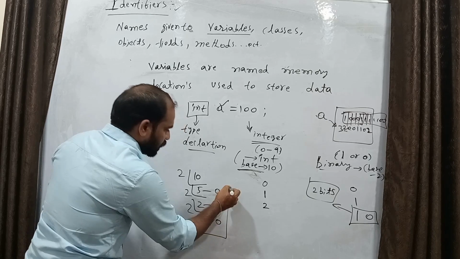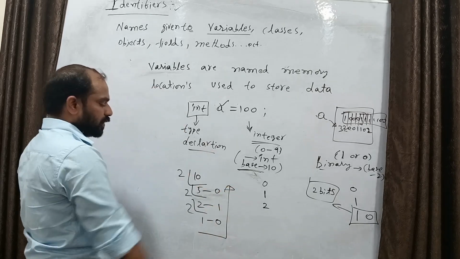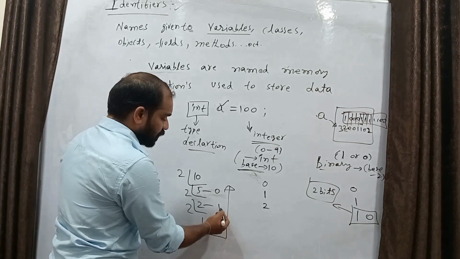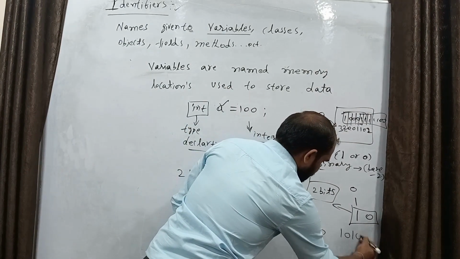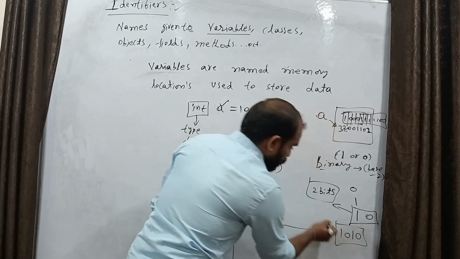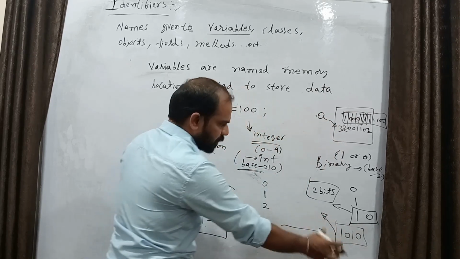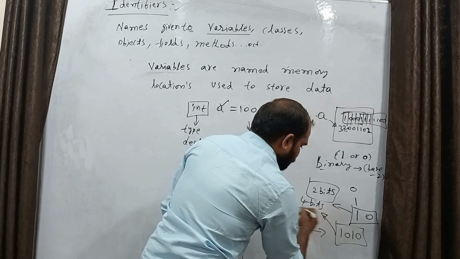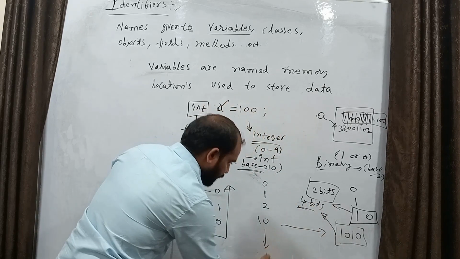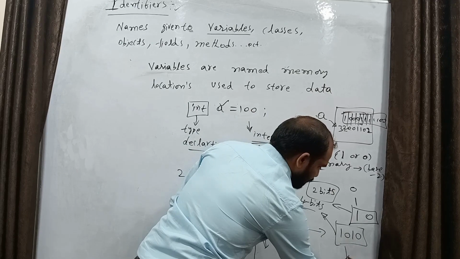Now write from bottom to top. So here 1 0 1 0. Now 10 in integer can be represented in binary like this. To store 10 in memory, how many bits do we require? We require 4 bits. So like this, if the number increases, the number of bits will also increase.